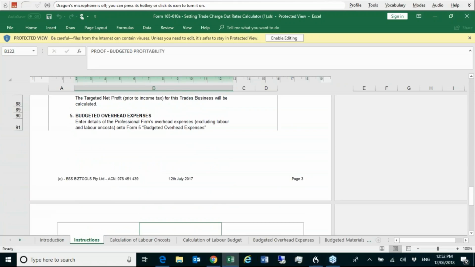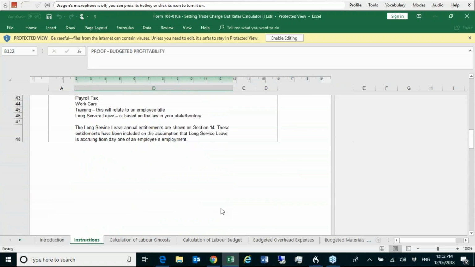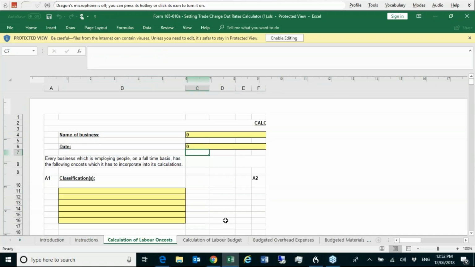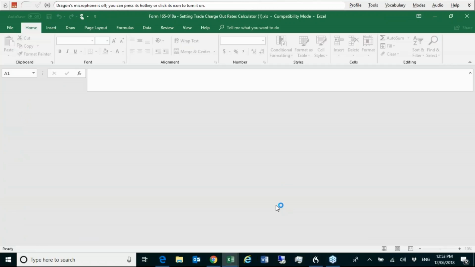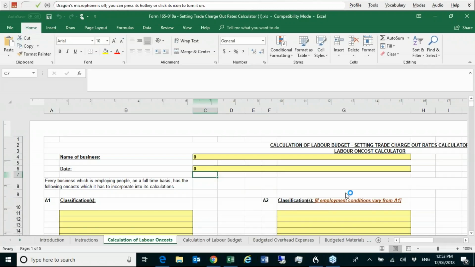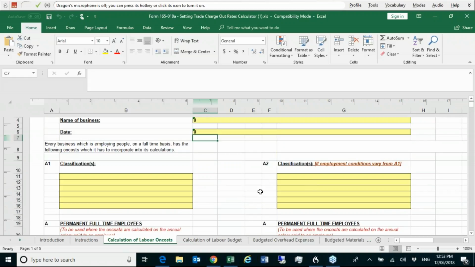This process was developed because we had some queries from people running businesses as to how they should go about it. So we've developed a calculator. The first area we start with is on cost. So it's the calculation of labour on cost.